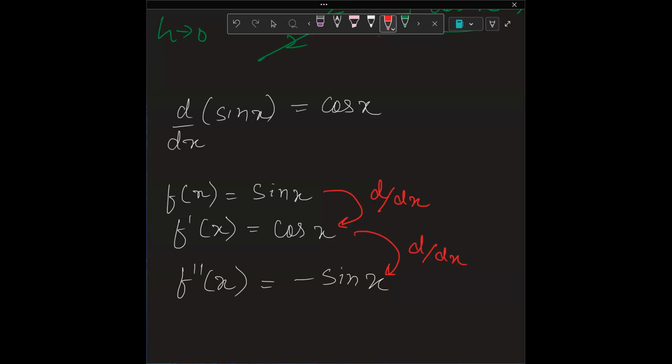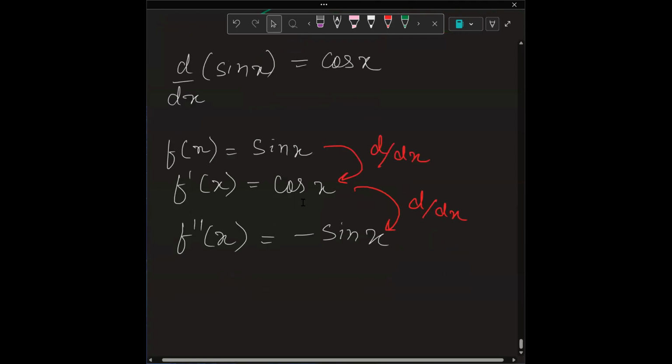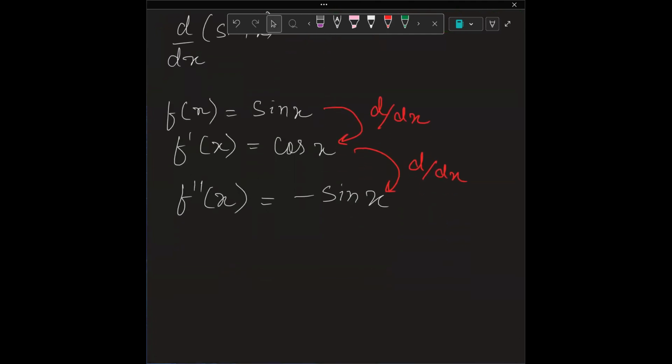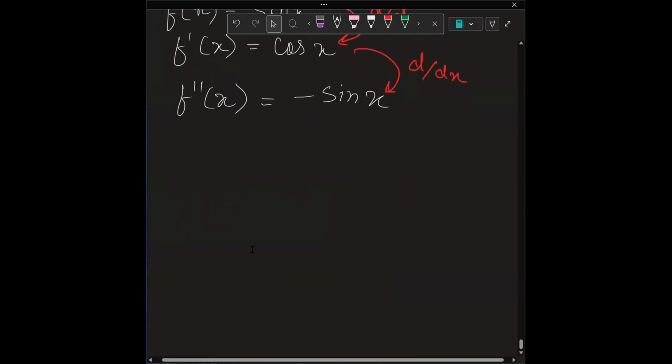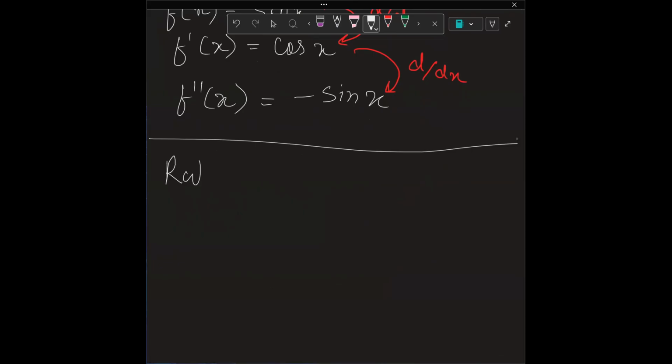Now before starting the derivative officially, I would like to tell you some rules for the differentiation part that are very important to know. So there are some algebra of derivatives.